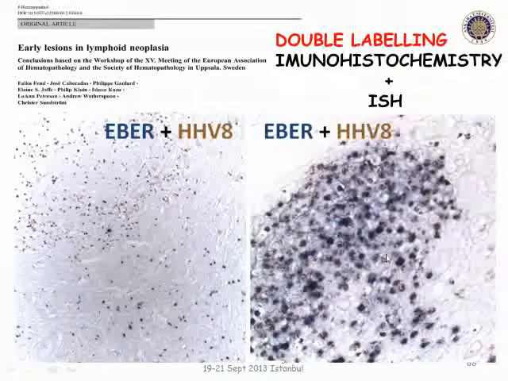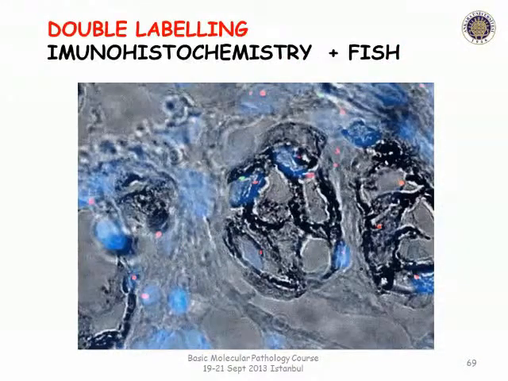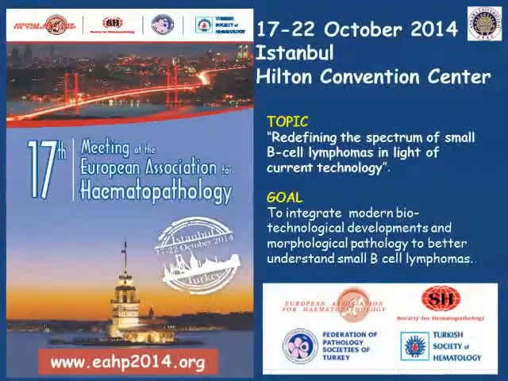So you may use double techniques to support your diagnosis as well. This is another double staining, FISH and immunohistochemistry. So you can use these methods together if you would like to show different things.